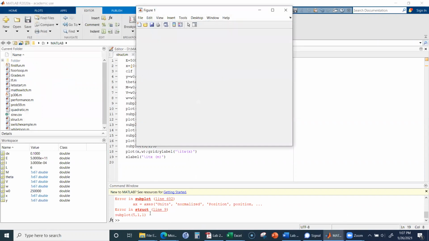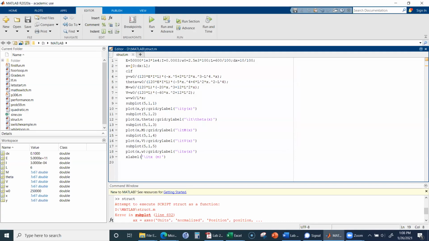But here there is some error. You can see that the error is: attempt to execute script struct as a function.